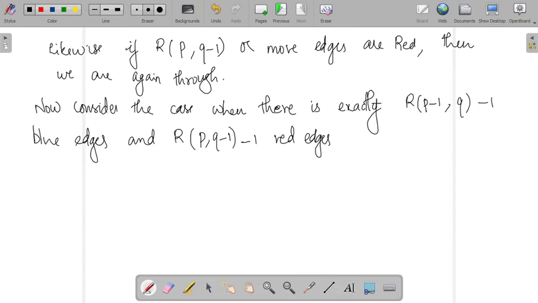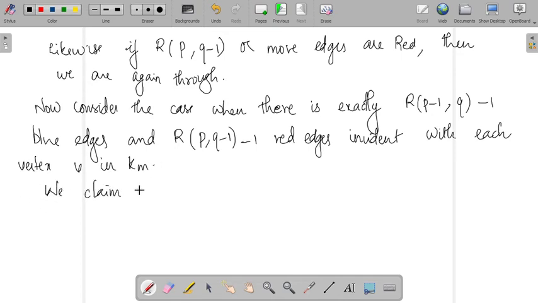So we will consider the case when there is exactly R of P minus 1 Q minus 1 blue edges and R of P Q minus 1 minus 1 red edges incident with each vertex v in Km. So we claim that this is not possible. So we claim that this is impossible.